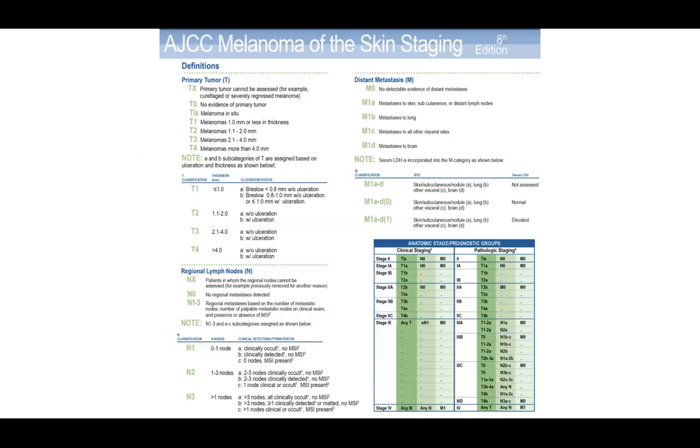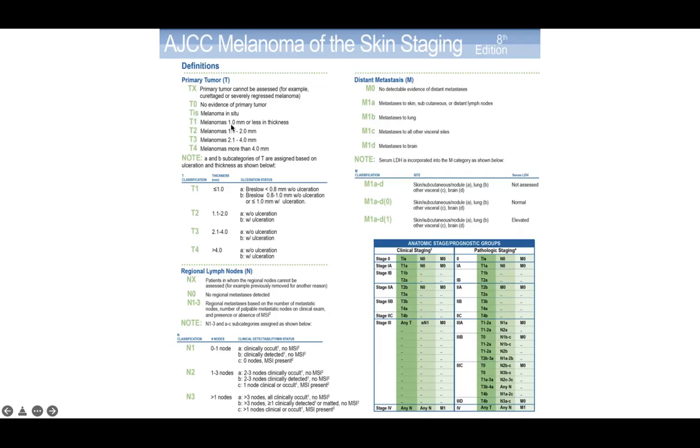Along the lines of staging, typically, if you look at this, ulceration here, and I'm going to circle this area, will result in a B designation at the end of the T classification. So if you have ulceration, you're going to end up adding a B to the stage, okay?